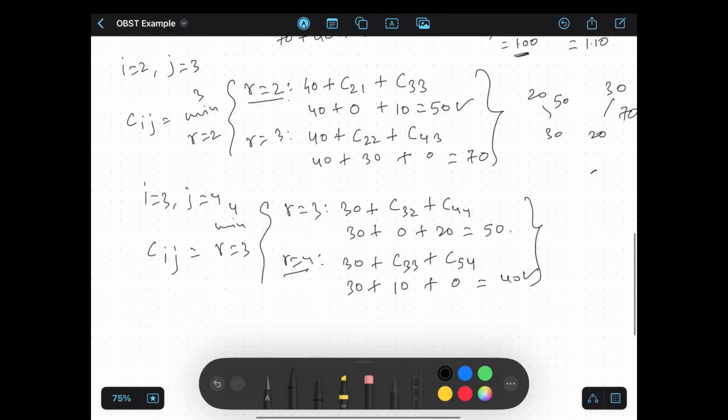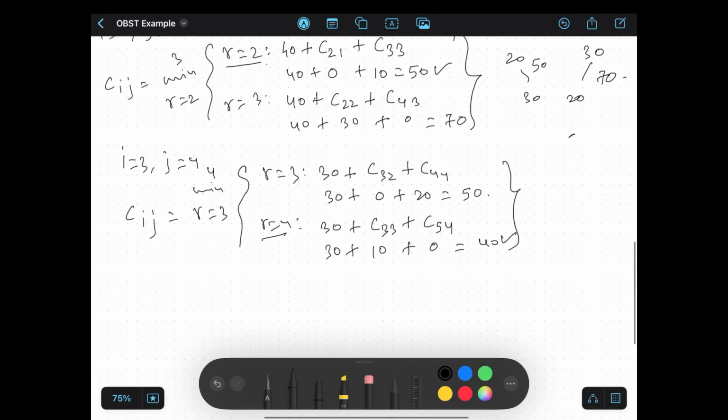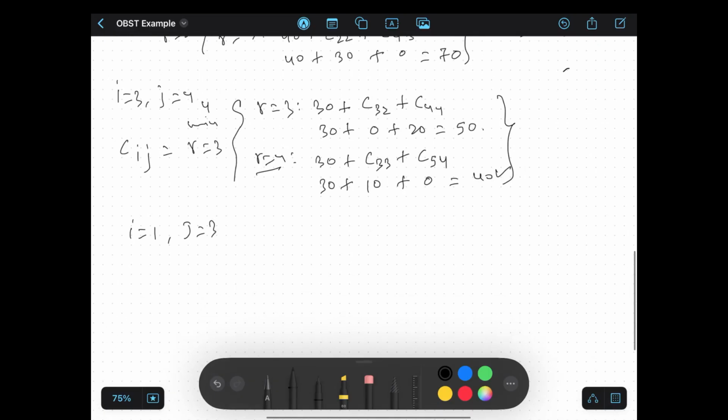Now next is 1, 3. Cost of 1, 3, which is i equal to 1 and j equal to 3.